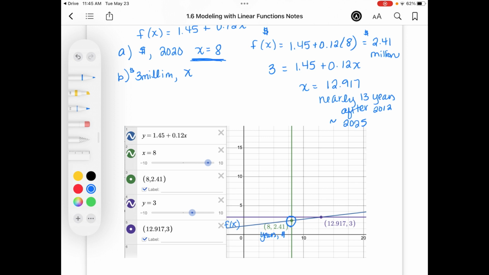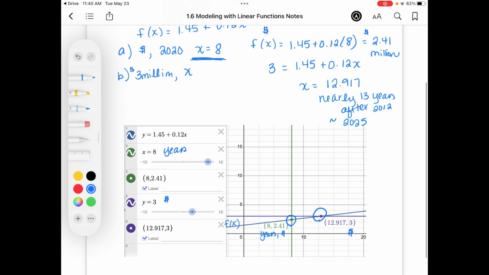Now, when I was looking for 3 million, so this is years, and this was dollars, I said, when is y equal to $3 million? So this is that horizontal purple line you see. And I see it intersects at 12.917 within my blue line. So this was $3 million, and this is how many years after it would take.